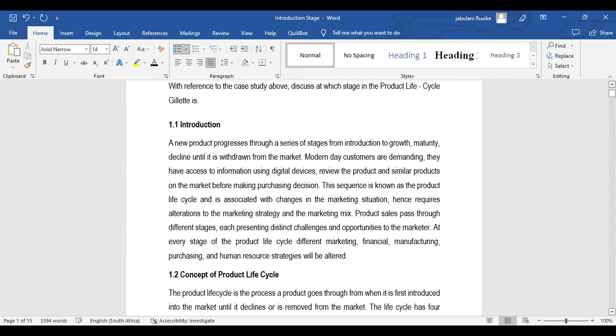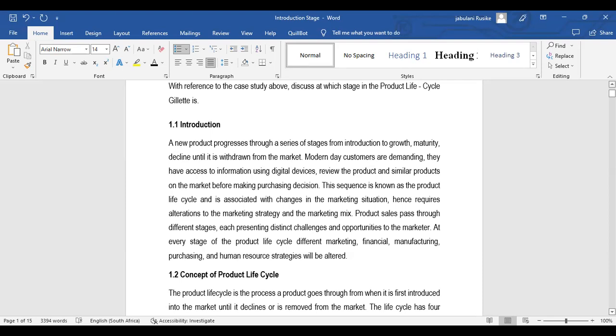I would say that first of all, start by defining the key concept. In this case, the key concept is product life cycle. So define what product life cycle is. And when you have defined it, state at least one importance of the product life cycle.